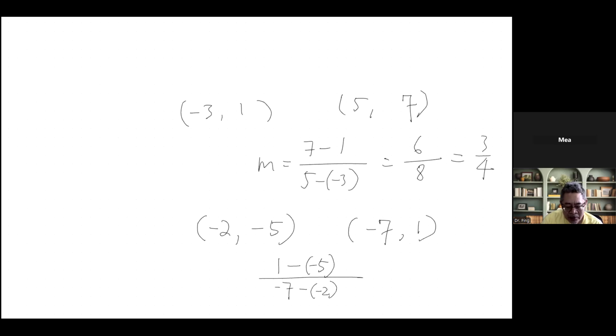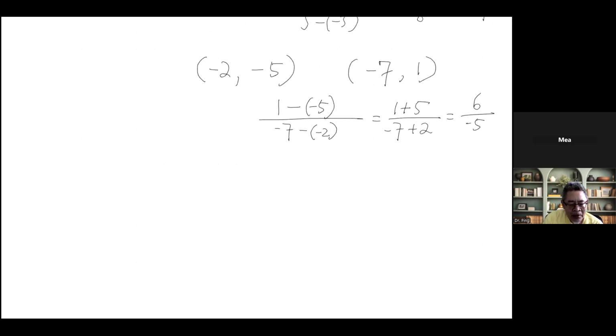What we have here is negative, negative, positive, so it is 1 plus 5 over -7 plus 2. So what we got here is 6 over -5. So our slope in this case will be -6 over 5.